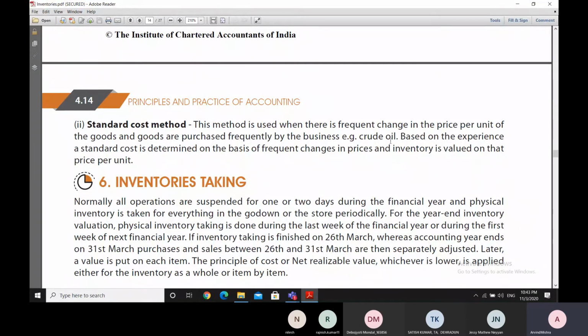So based on experience, a standard cost of the item is determined, and the same cost is applied. On the basis of the frequent changes in prices and the data which is available, we arrive at a standard cost, and then whatever inventory we have is valued at that standard cost price.